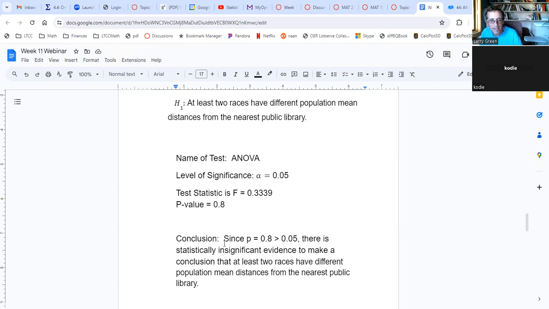Okay, so it's insignificant because we have a large p-value. And that's pretty much it.